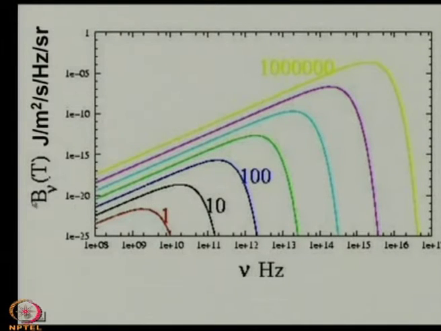At around 1 Kelvin or 10 Kelvin, the maxima are all in the radio microwave region, whereas for a few thousand Kelvin it is in the optical visual range, ultraviolet or infrared, and if you are looking at 1 million Kelvin or so, it is in the X-ray. That is how, as you increase the temperature, the peak of the spectrum shifts, and the bulk of the radiation is also shifting toward higher and higher frequencies.